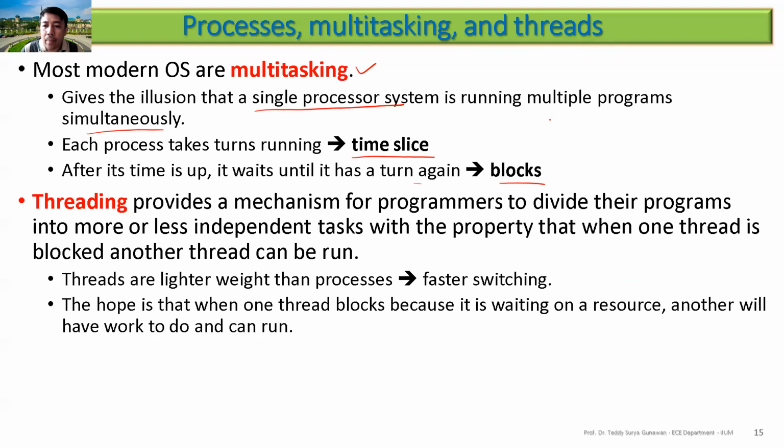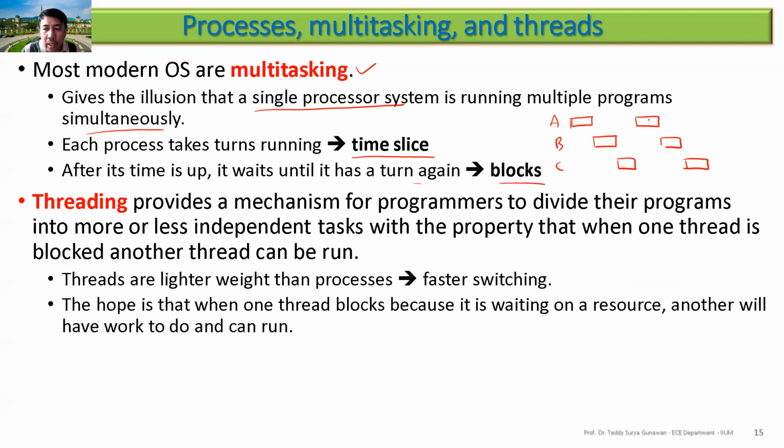Say that you have three programs. You attend to program A for 1 millisecond, very short, then go to the next one for 1 millisecond, then the next, then come back to process A, process B, process C, 1 millisecond each.